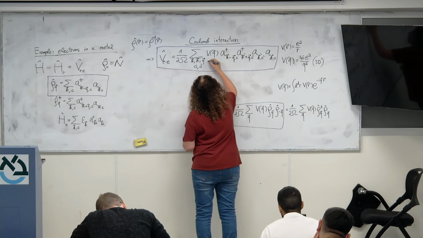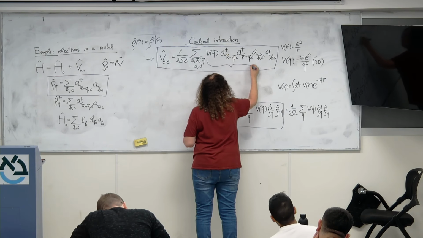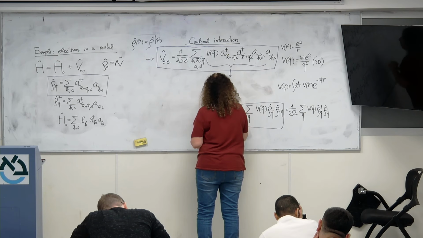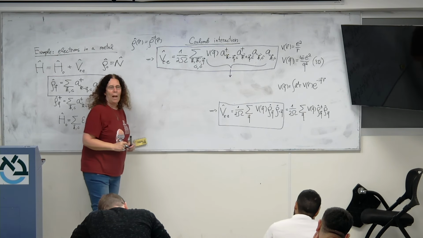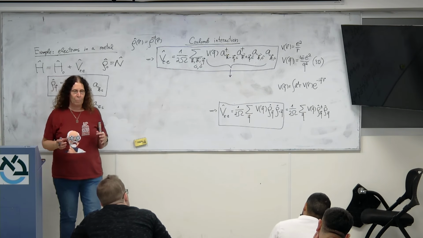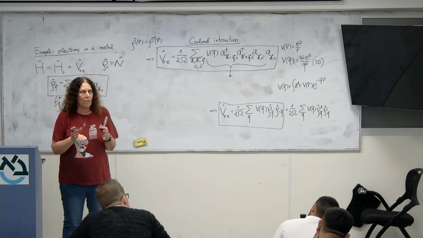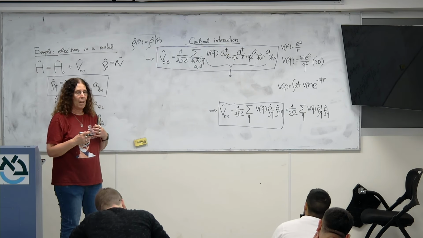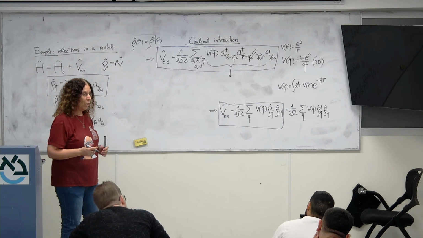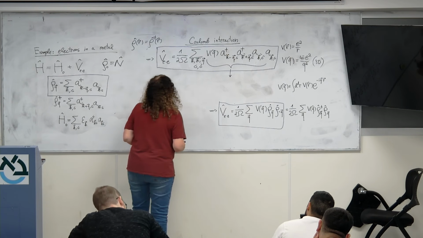So I'm looking just at this one term. I can represent it as a diagram, which describes in a picture the process that I just described. It's a scattering process, a collision.